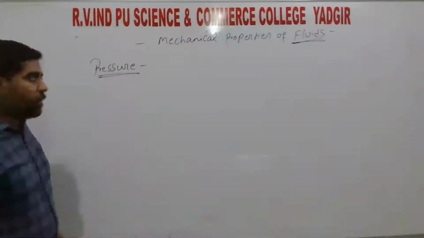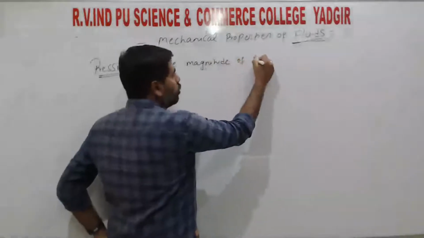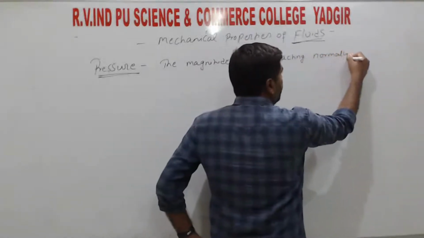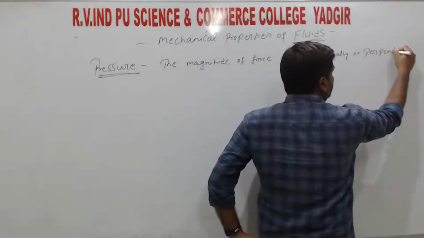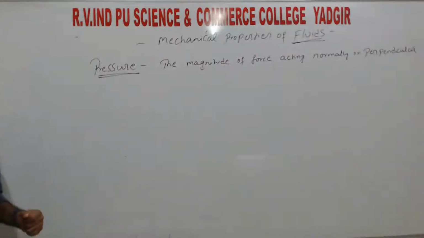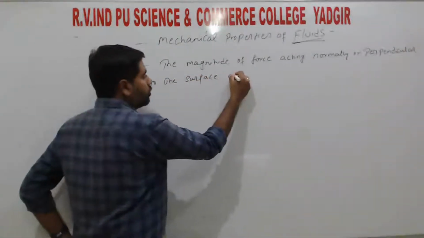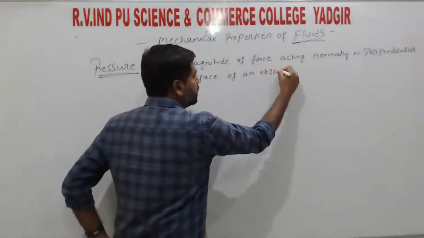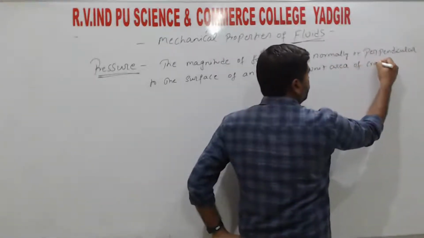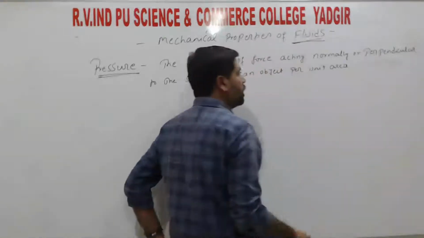So the magnitude of force acting normally or perpendicular to the surface of an object per unit area of cross section, right? So normal or perpendicular, both have the same meaning, right?